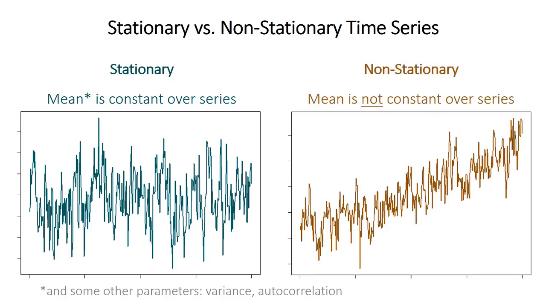In contrast, non-stationary time series have mean values that aren't constant. In the example here, the mean value increases over time. Of course, there are still these fluctuations, but the mean is increasing, which is an especially problematic type of non-stationarity because it often leads to these spurious relationships or correlations.